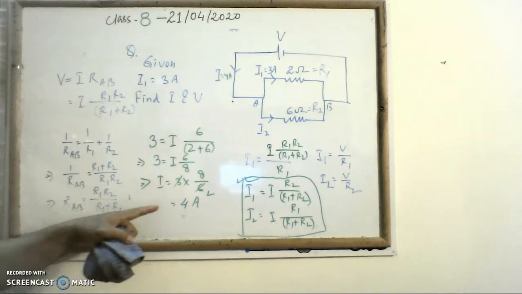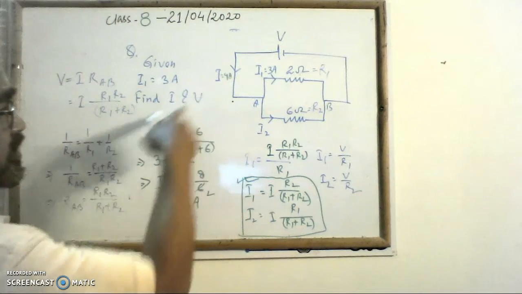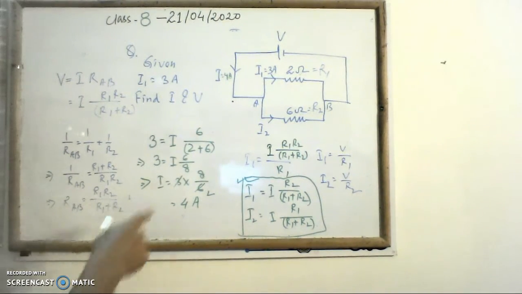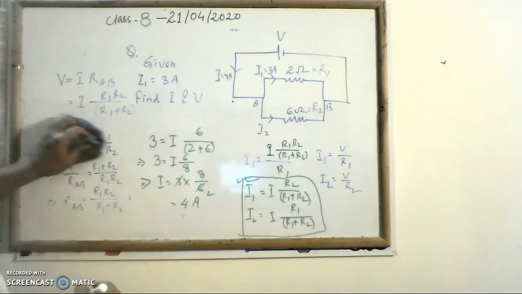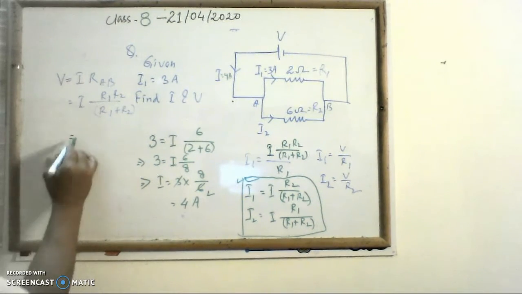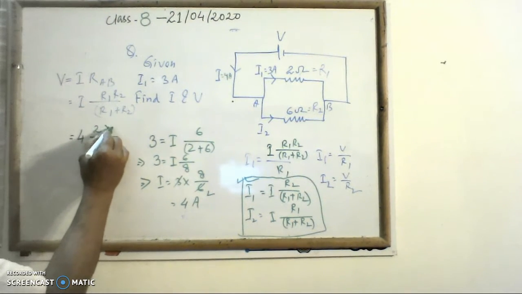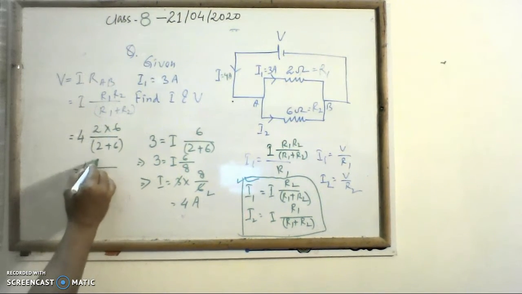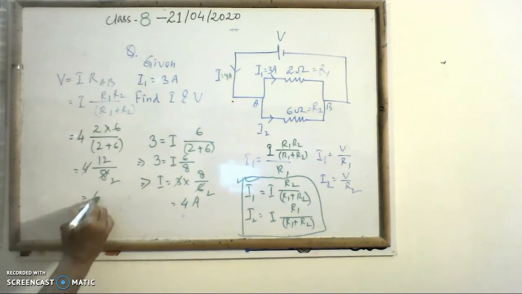Then you can find out V. It is simple. Once I is obtained, you can easily find out I2 also. So once I is obtained, you put the value of I here, then you can find out V. I is equal to 4, R1 is equal to 2, R2 is equal to 6, 2 plus 6 is 8. So 4 times 12 by 8 is 6 volt.